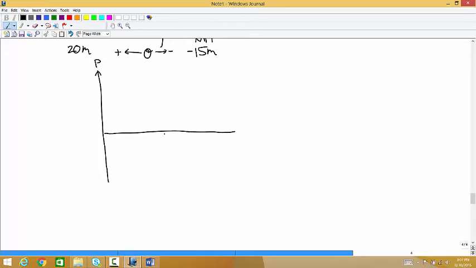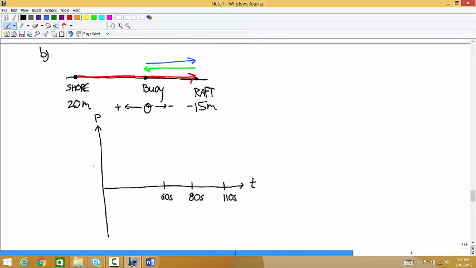The times that we care about are going to be 60 seconds, 80 seconds, and 110 seconds. And this time, the position labels that we need are positive 20 and negative 15.